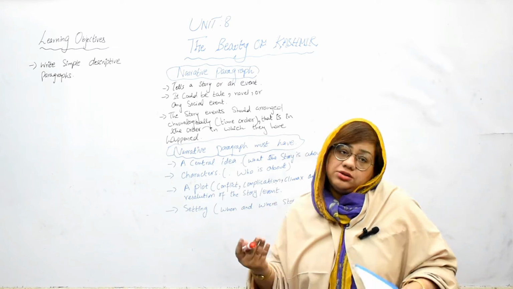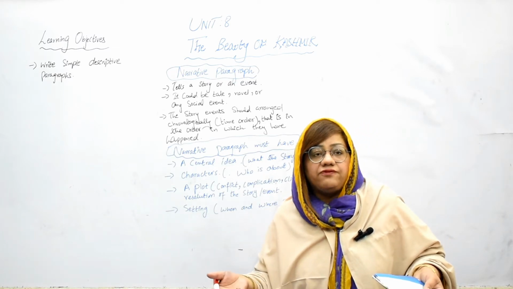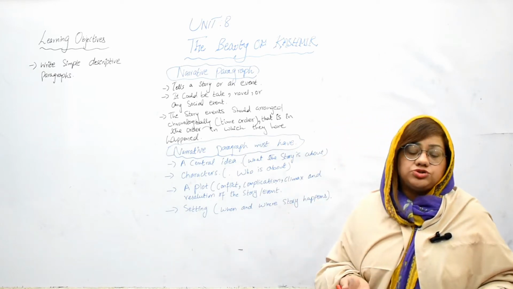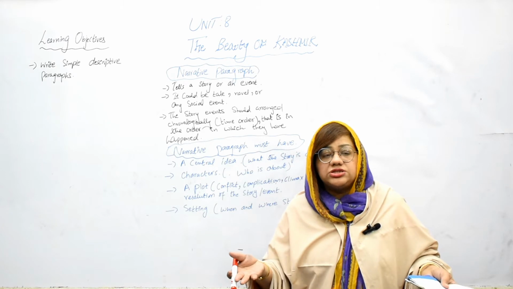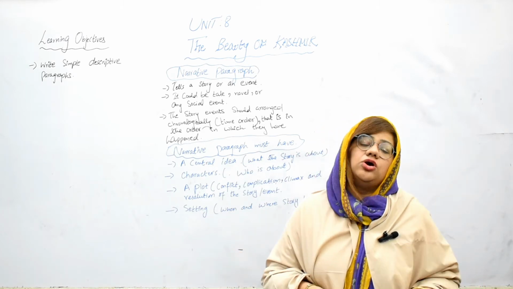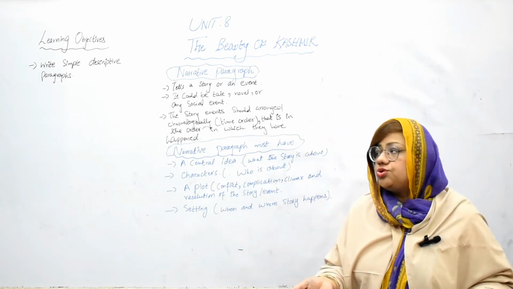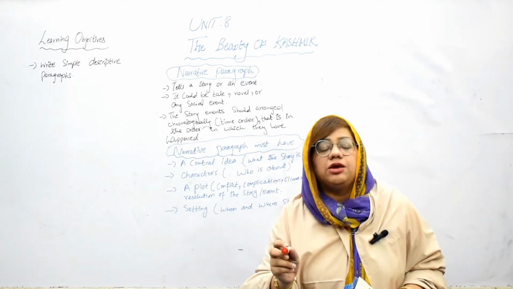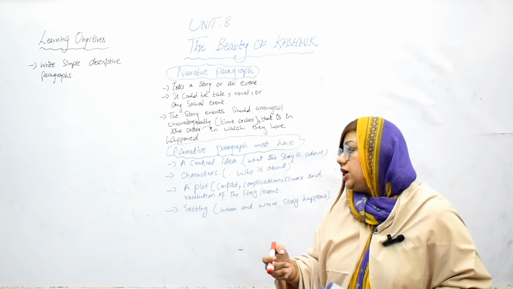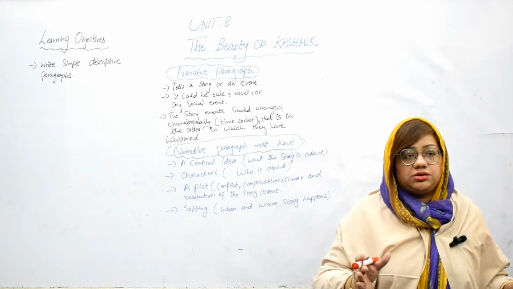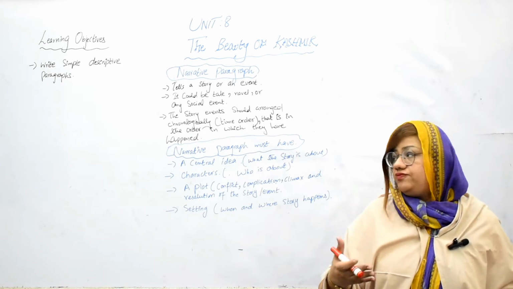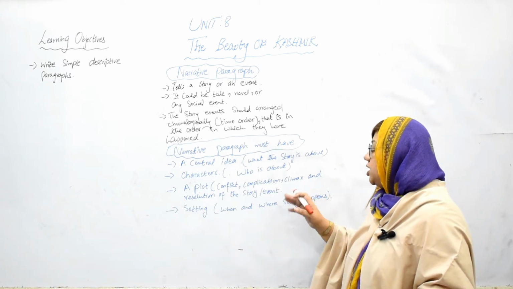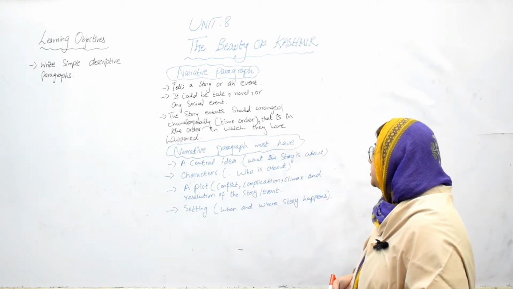Then every narrative story or narrative paragraph has some characters. Who are the characters playing an active role in your narrative story or paragraph? Now, the next point is very important: a plot. A plot is actually a setting in which you describe these things along with the conflict, any complication, any climax and resolution.